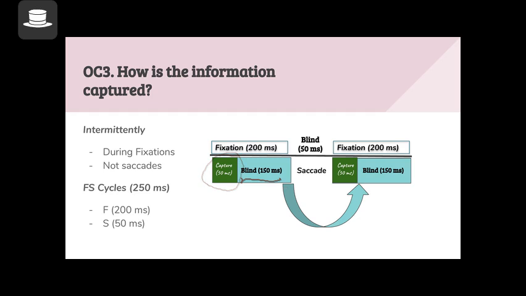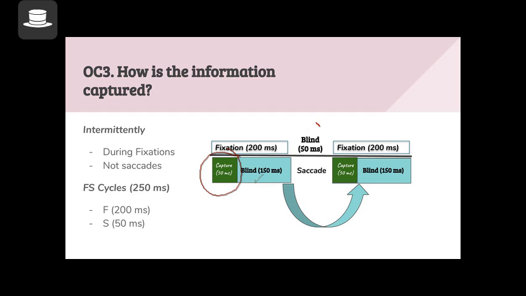What? Yes. So if you take one fixation and saccade cycle, which is 250 milliseconds, for 50 milliseconds you're blind, plus for 150 more milliseconds you're again blind, which is 200 milliseconds. The only time your eyes actually capture any information is during the initial 50 milliseconds of the 200 milliseconds.